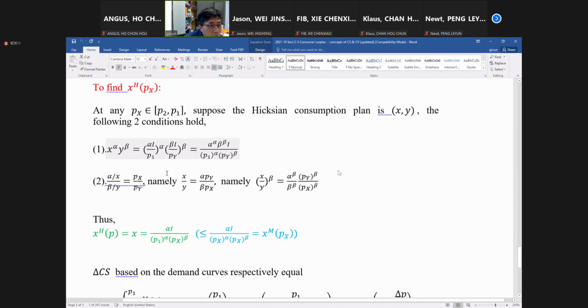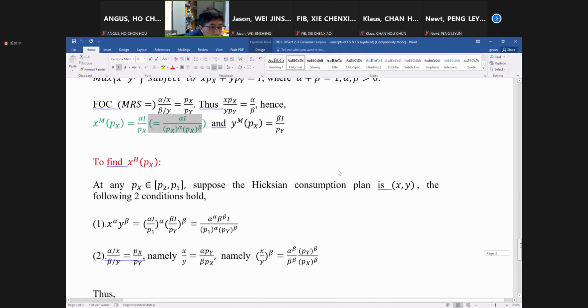What's the original? Remember, at the very beginning, the price of good X is P1, so this is the consumption of X at the very beginning, and this is the consumption for Y. We simplify this term and get alpha to the power of alpha, beta to the power of beta, I to the power of alpha times I to the power of beta.